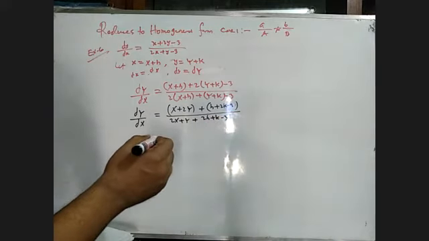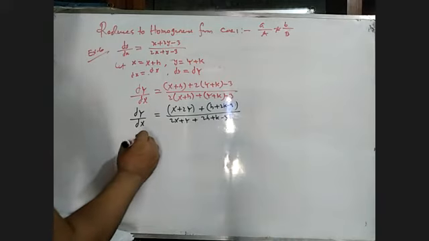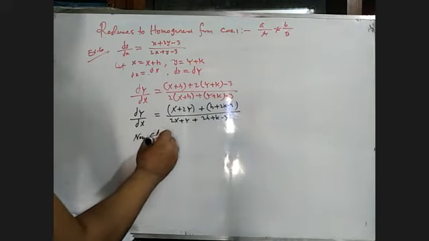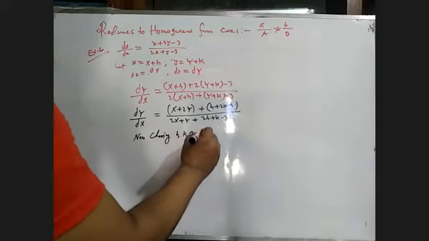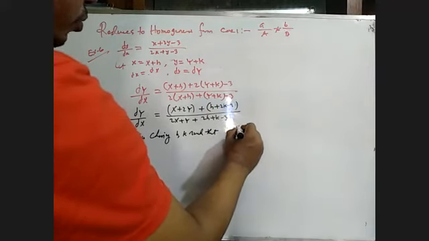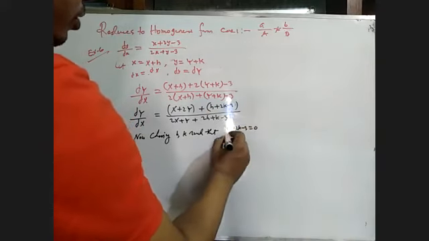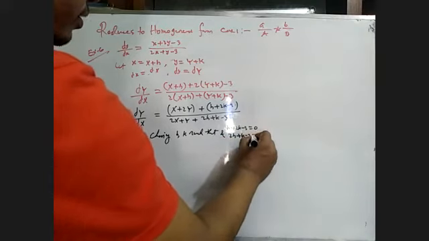Okay, now choosing h, k such that this will be 0: h + 2k − 3 equal to 0, and 2h + k − 3 equal to 0.